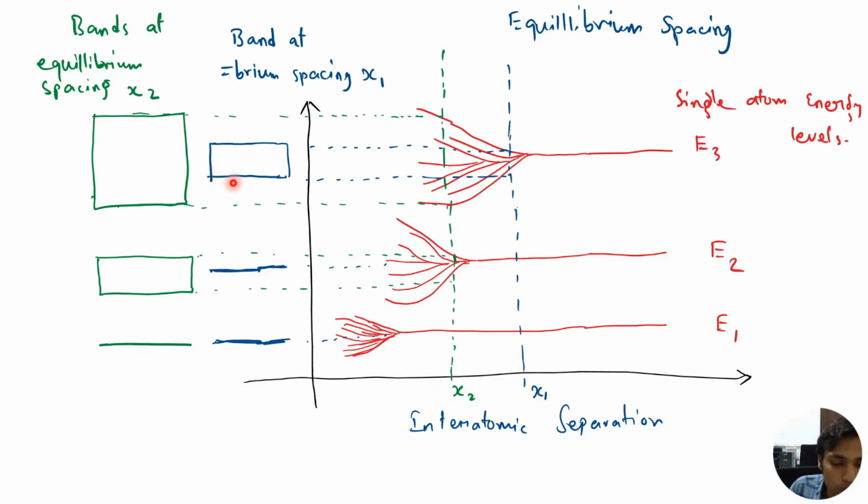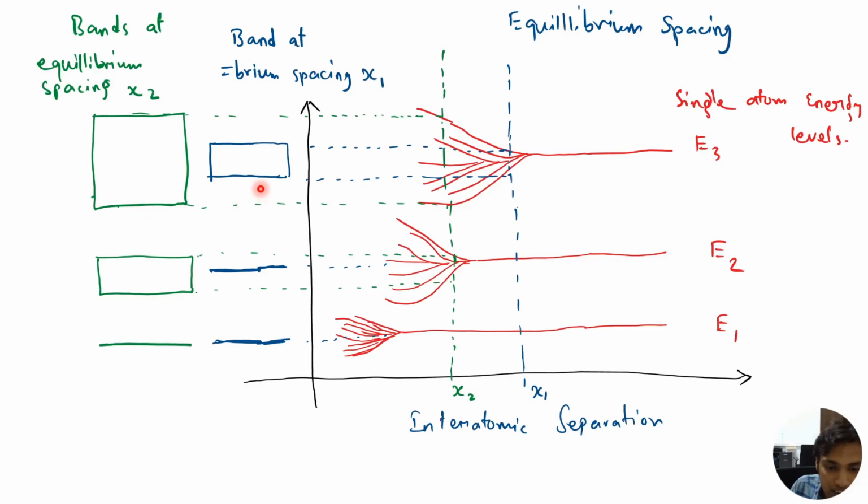Now you see what the band gap would be here. When the equilibrium spacing is x1, the band gap is from this point to this point. But when you bring the atoms closer together and reduce the interatomic spacing, you approach the green band, and the band gap starts to decrease. You are able to see this, right?